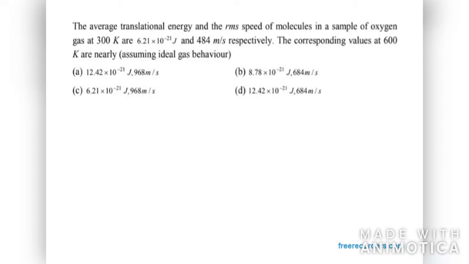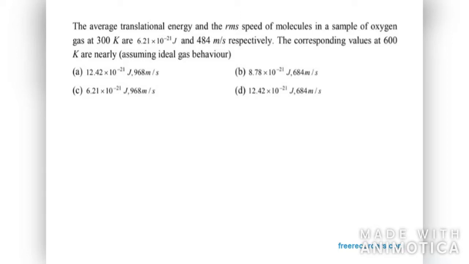Now the next one says the average translation energy and the RMS speed of molecules in a sample of oxygen gas at 300 Kelvin are 6.21 into 10 raised to power minus 21 joule and 484 meter per second respectively. The corresponding values at 600 Kelvin are nearly, assuming ideal gas behavior.